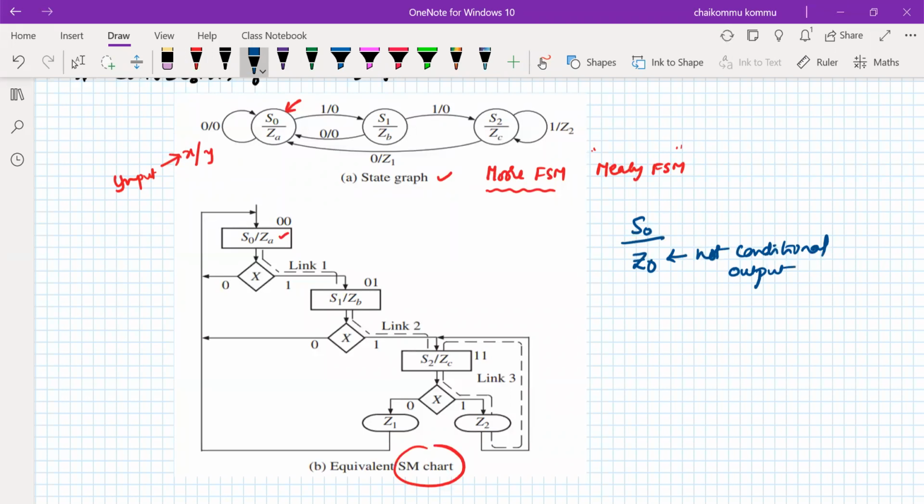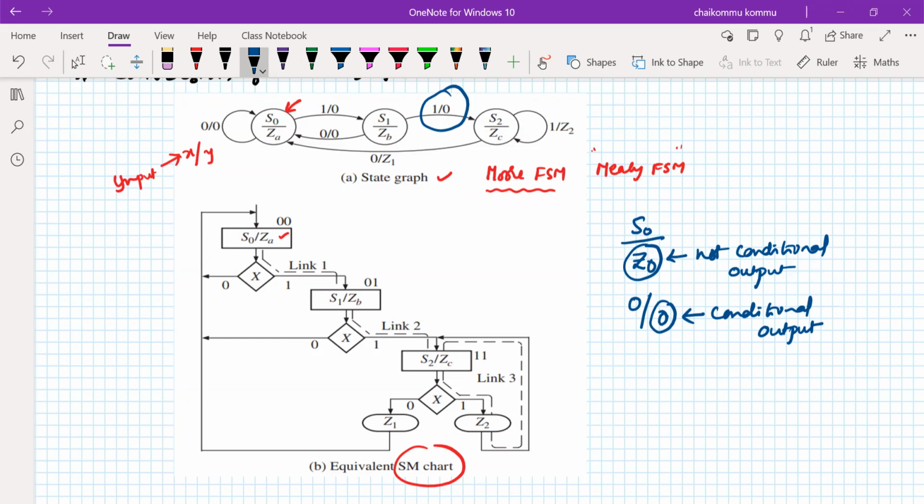But whereas here, if you see in this way, or maybe some other way, something like 0 by 0, for example, here is the output Z0. This output is actually a conditional output. That means when X is true or false, only when the condition is satisfied will the output come into existence. Otherwise, the output does not exist. Therefore, the output can be of two types: conditional output and unconditional output.